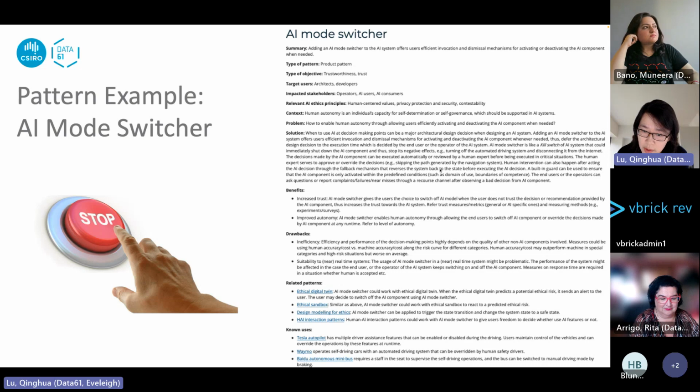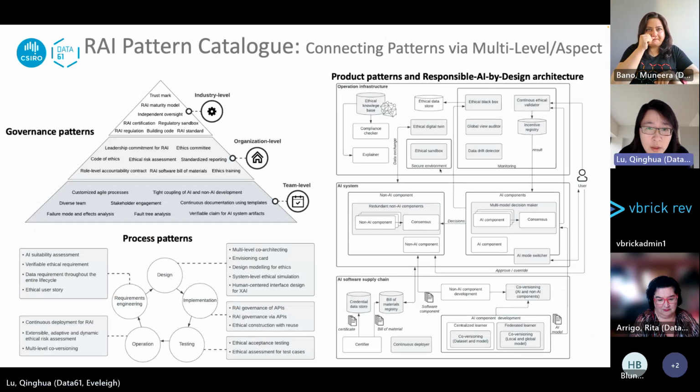We also explain the drawbacks of this pattern, like inefficiency or suitability to real-time systems. At the end of the description, we also give examples of the known uses, which are existing applications of this pattern. And these slides give an overview of all the patterns that we have collected.